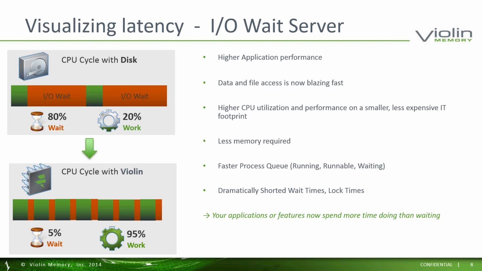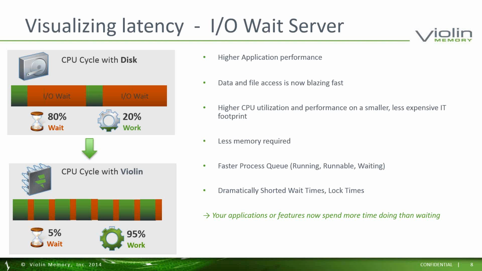It also means that less memory is required because you're cycling through the memory quicker. So now you can allocate less memory to your SQL servers, which is also very important, especially in the VM world, where you're provisioning smaller chunks of memory to a large number of VMs.